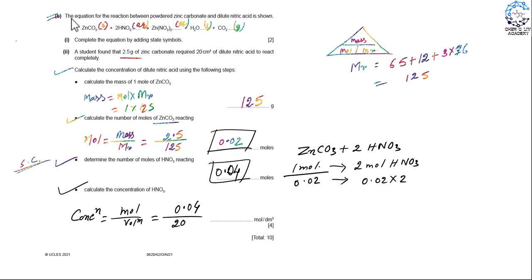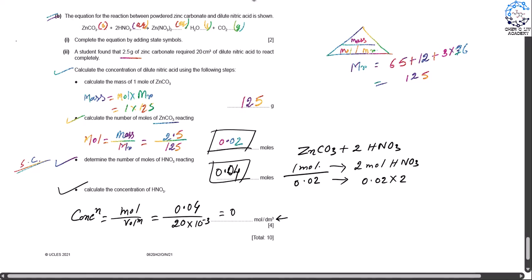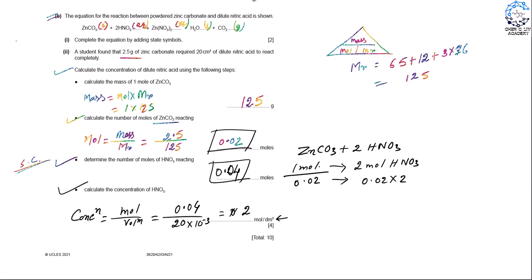I can put 20, but here I have to represent it in decimeter cube because the final unit is in decimeter cube, so into 10 to the power minus 3. Let's put it in the calculator and find it out. It will be equal to 2 mole per decimeter cube. So this is how we can solve the stoichiometric calculation.